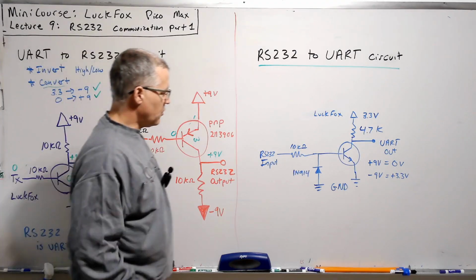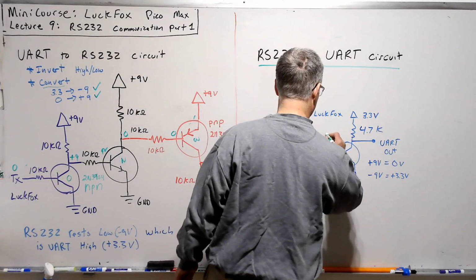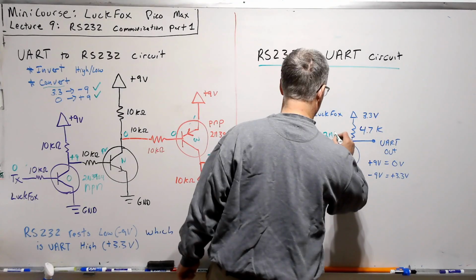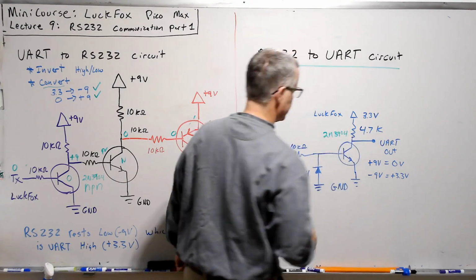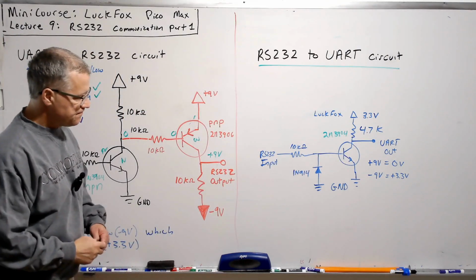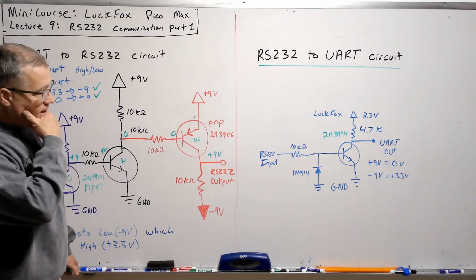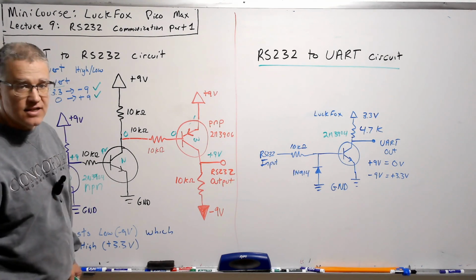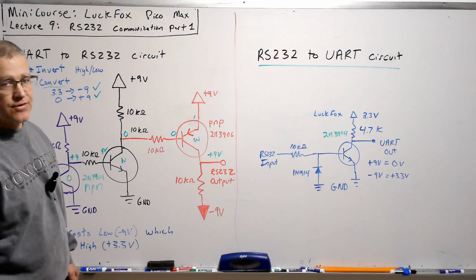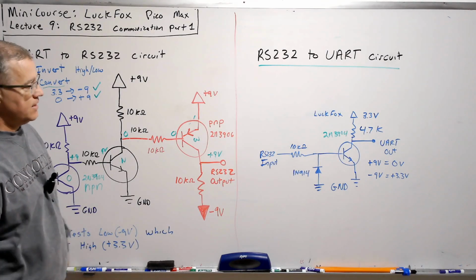So, oh, and this transistor here is the same as over here. This is a 2N3904. So it's NPN style transistor. But other than that, it's just a one transistor that's tied to the LuckFox 3.3 system bus.